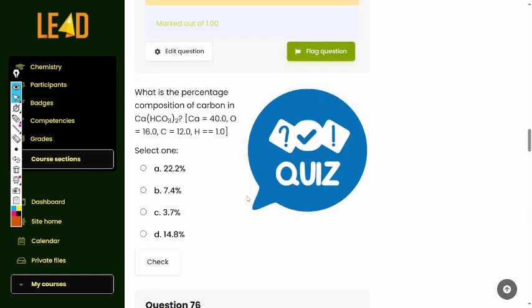What is the percentage composition of carbon in calcium hydrogen carbonate? So it means we have to find the total molar mass of the whole compound, and then to find that of carbon, it becomes carbon over the total times 100. So first of all, let's find the total molar mass of this compound.